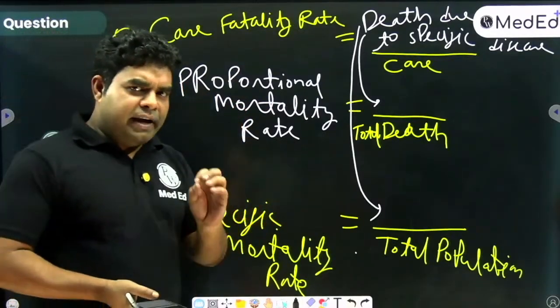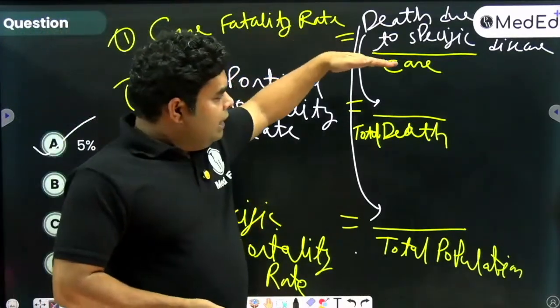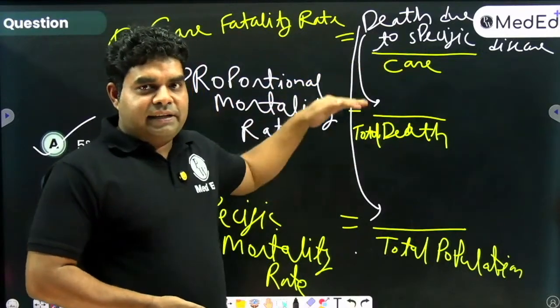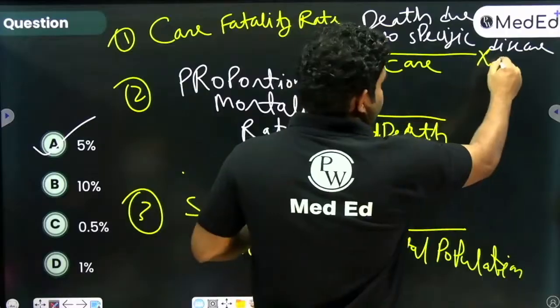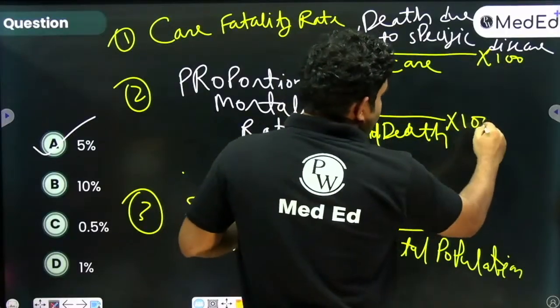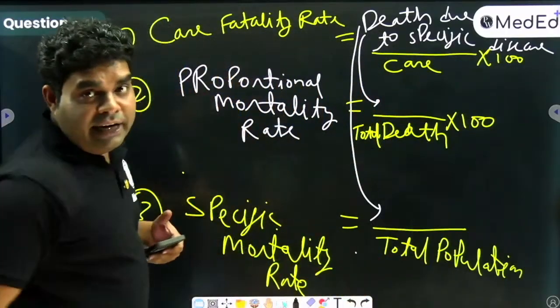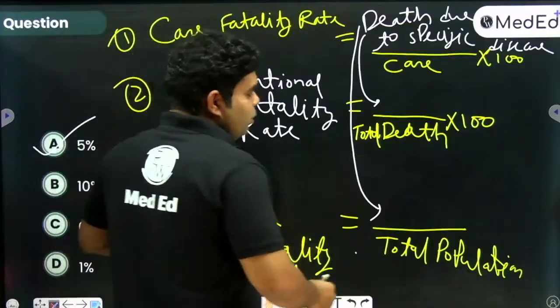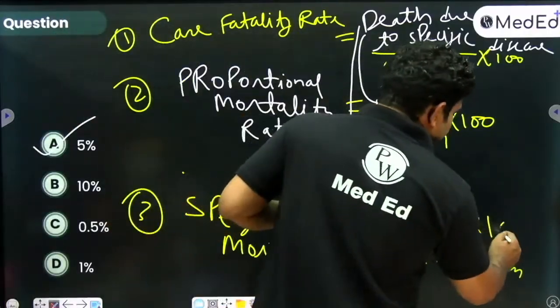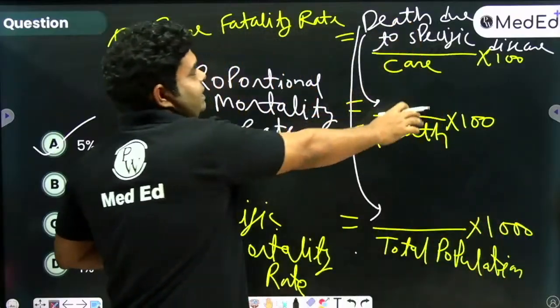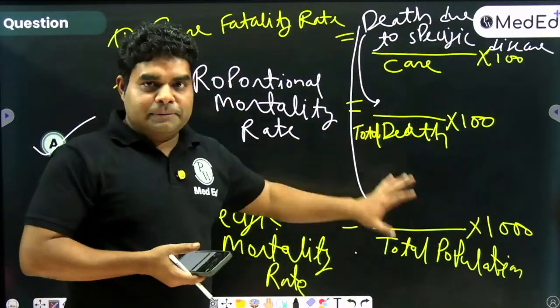So focus here, it's very simple. Only denominator you have to remember. Case, death, population. Multiplication factor is 100 here, 100 here. But in the specific mortality rate, because denominator is total population, big denominator, so we multiply by 1000. And numerator is always same, death due to specific disease.